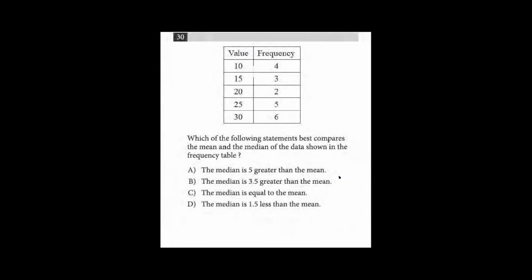So in this case, we have to find both the mean and median.